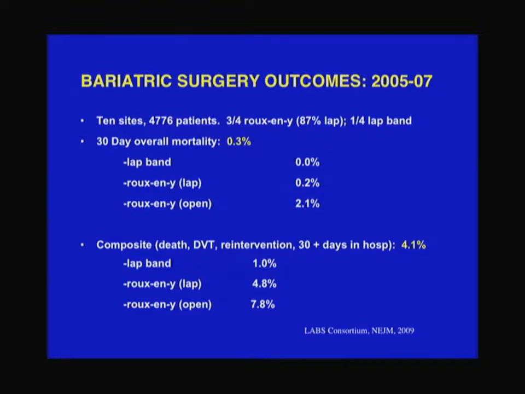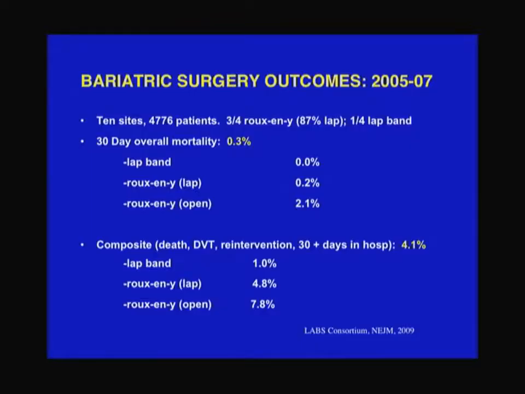You can see initially the lap band is safer, but has more longer-term complications as that band erodes into the stomach, and there are other complications. And if you looked at more serious side effects like death, pulmonary embolus or blood clots, the need to have a second operation or the need to stay in the hospital, it's about 4%. So it's not nothing. So this is not that different than other elective surgeries.